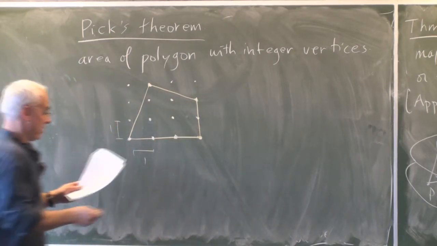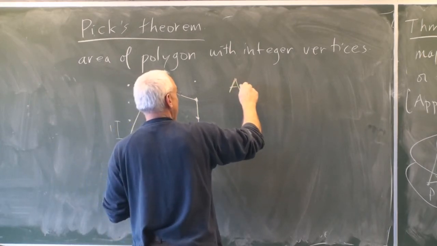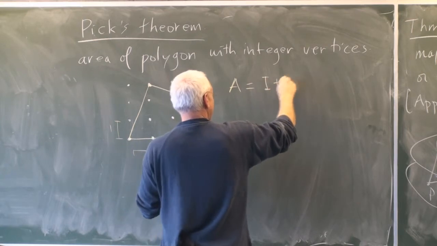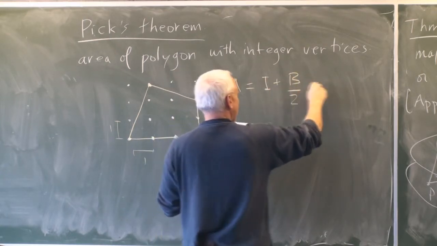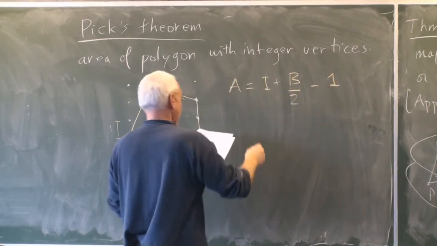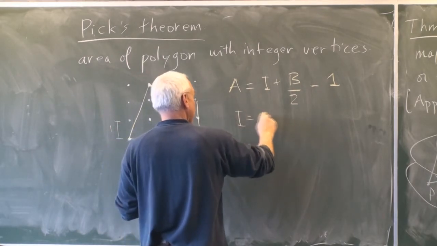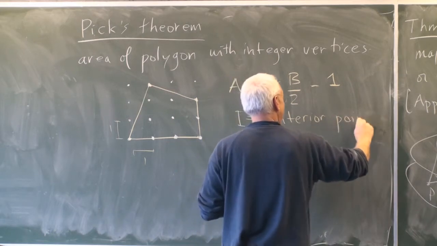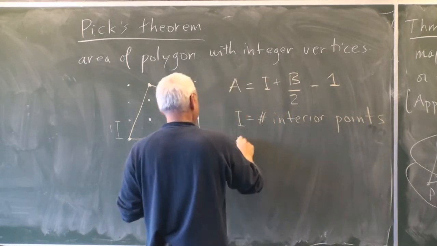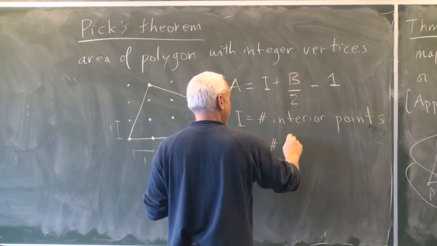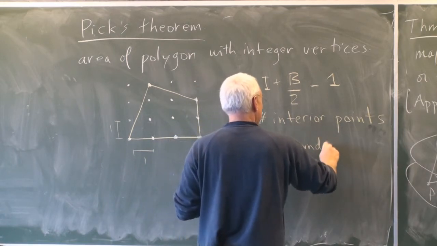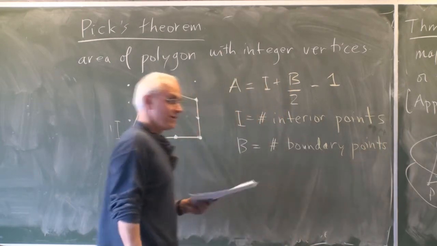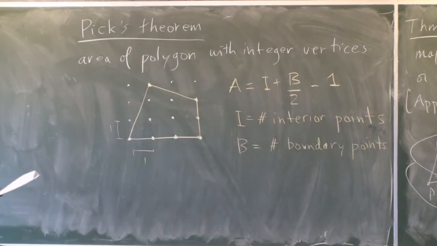And the formula is that the area, A is the area, is I plus B over 2 minus 1, where I is the number of interior points and B equals the number of boundary points. Do you include the vertices? Yes.